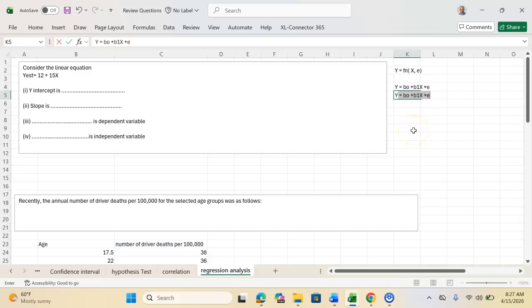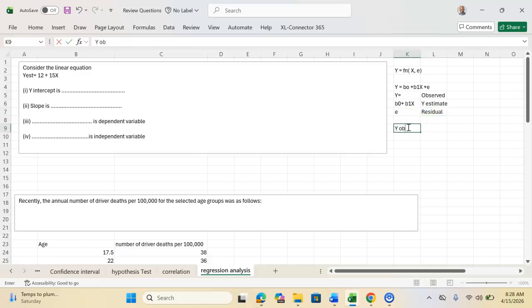So let me write here: y is observed. We have values for y, and then we have y estimate, b0 plus b1x, which is what we call y estimate, and e is the residual.